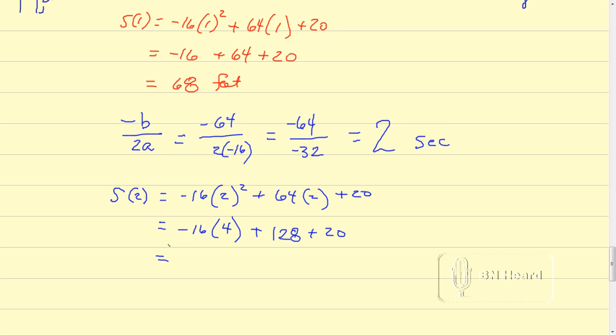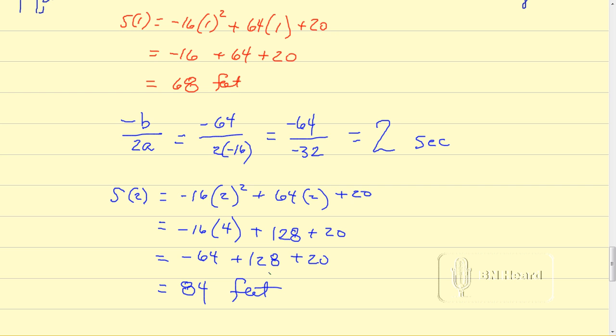Negative 16 times 4 is negative 64, plus 128 plus 20. Negative 64 plus 128 is 64, plus 20 is 84. So my maximum height would be 84 feet.